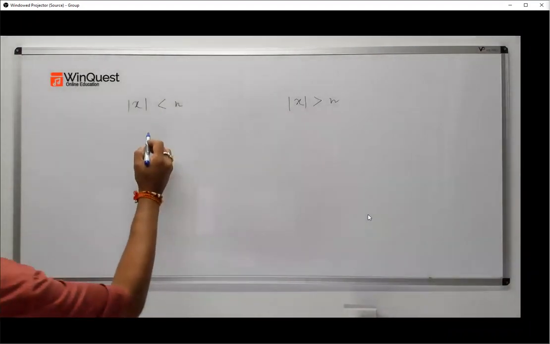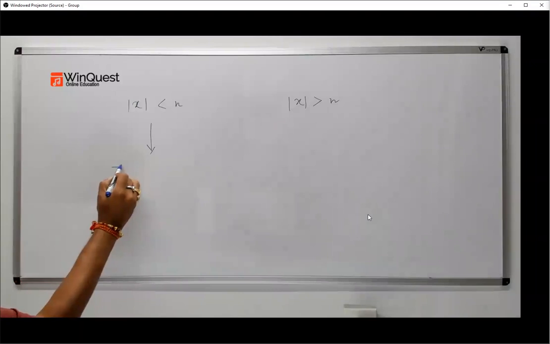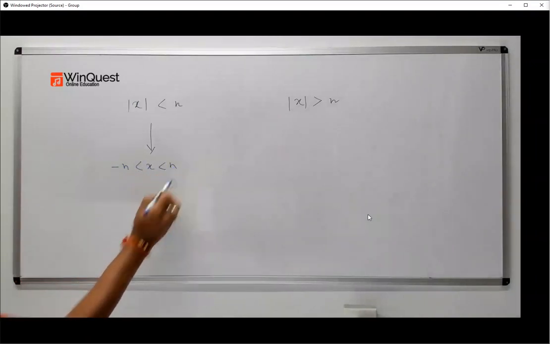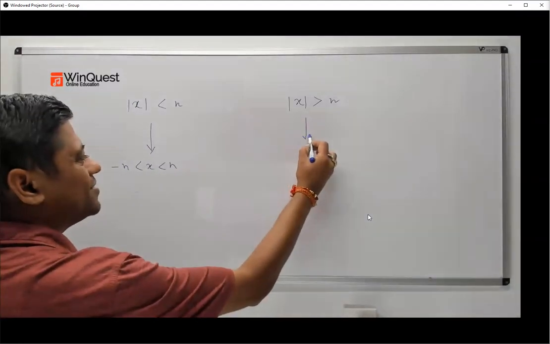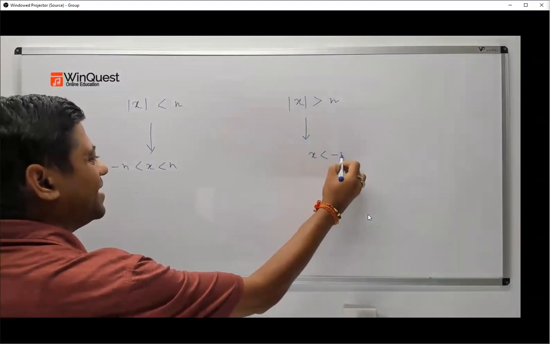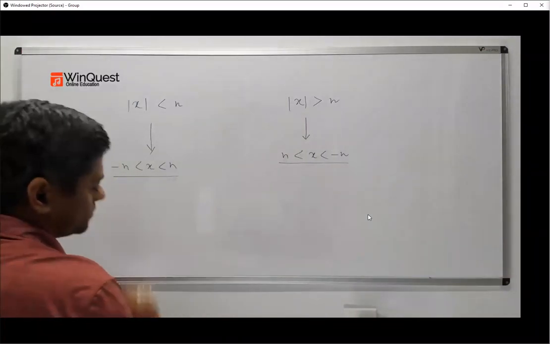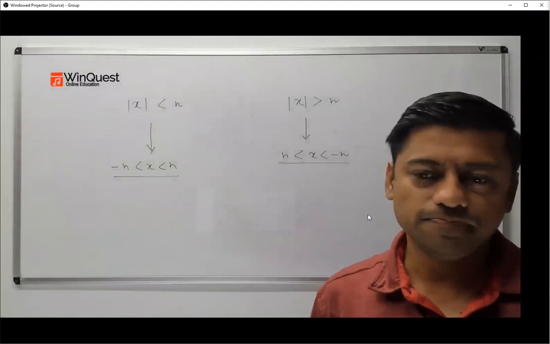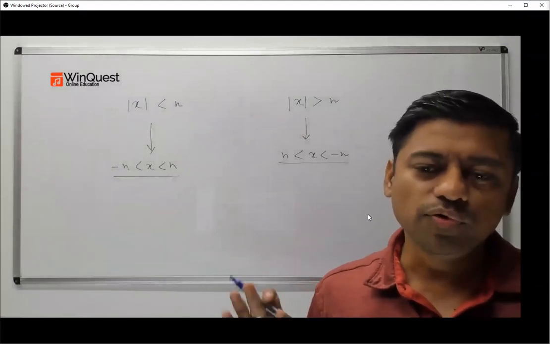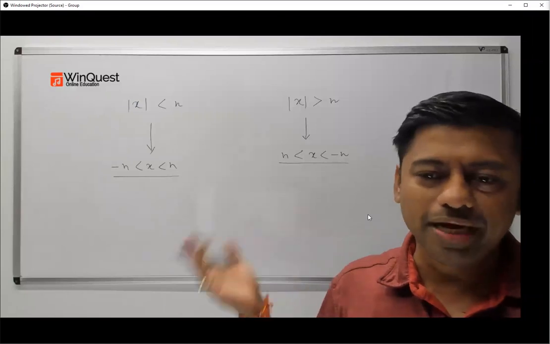If absolute value less than n, then I want to remove the absolute value altogether. I will say minus n less than x less than n in this particular case. In the other case, I would say the same thing, but here it is going to be negative n. If you are thinking how it came, don't go in that path.